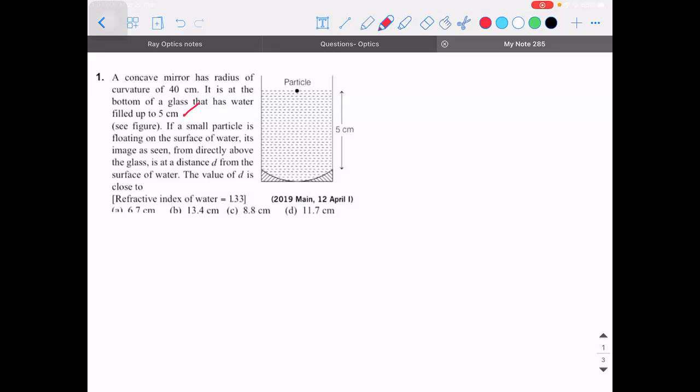So how do we solve? The small particle is floating on the surface of water. Its image as seen from directly above the glass of water is at a distance d from the surface of water. The value of d is close to.